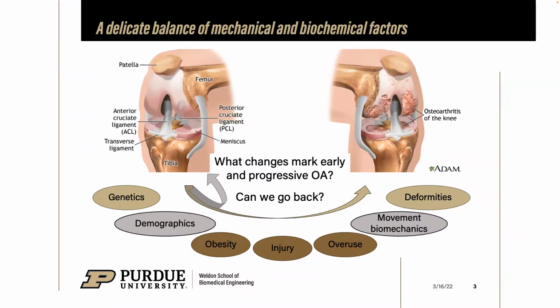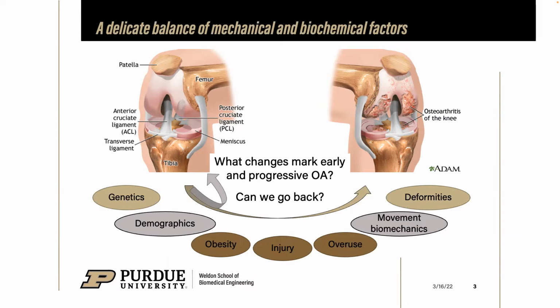So before I move on to the next page, we're interested in early osteoarthritis because currently there's no way to really stop osteoarthritis once we begin to detect signs of it. And so the earlier we can detect it, the higher chance we have of being able to slow or stop the progression of disease.